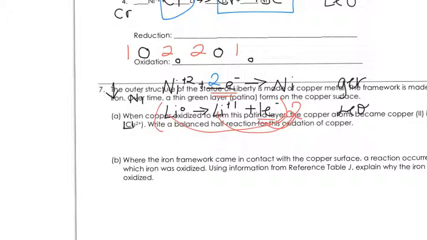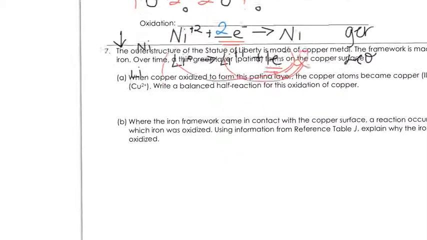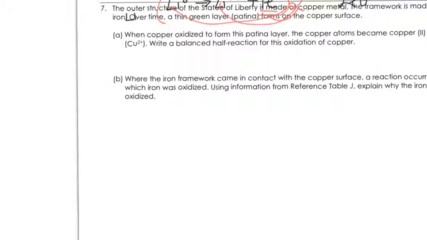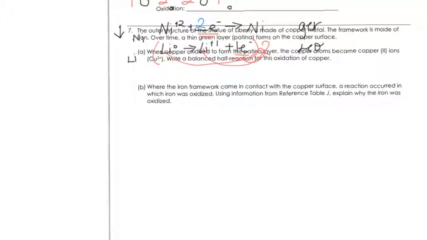All right, and the last question that we have on here is a bit of review of Table J and what we did today. So the structure of the Statue of Liberty is made of copper metal, the framework is made of iron. Over time, a thin layer, a patina, forms on the copper surface. So, when copper is oxidized to form this patina, copper atoms become copper 2 ions.